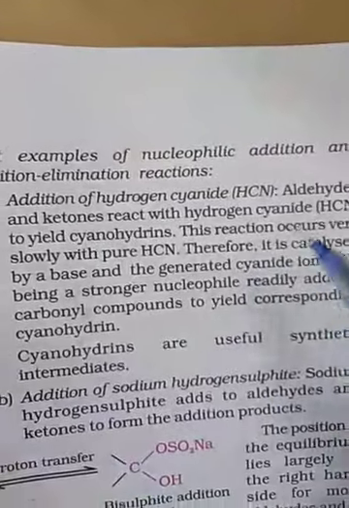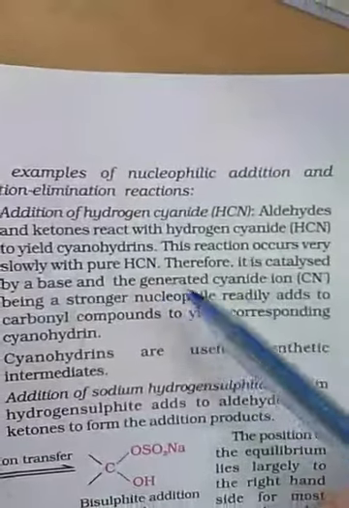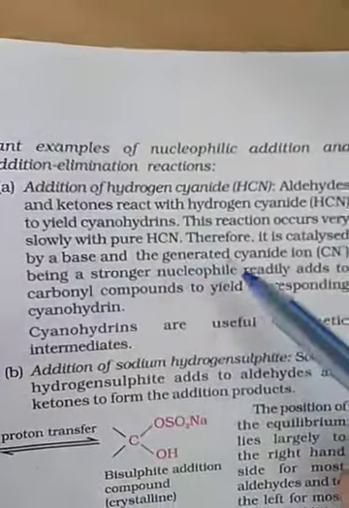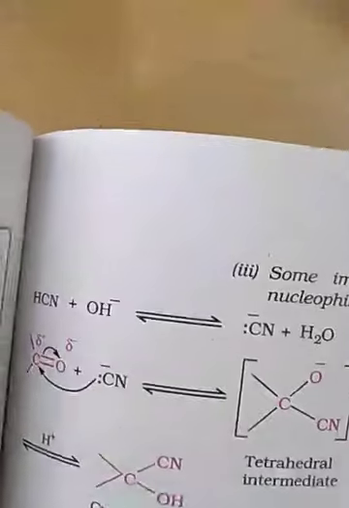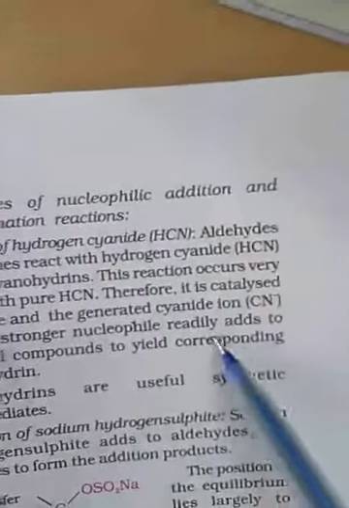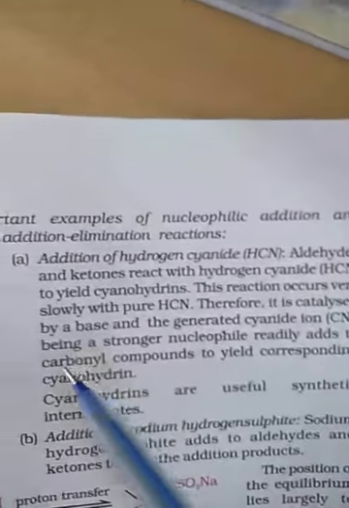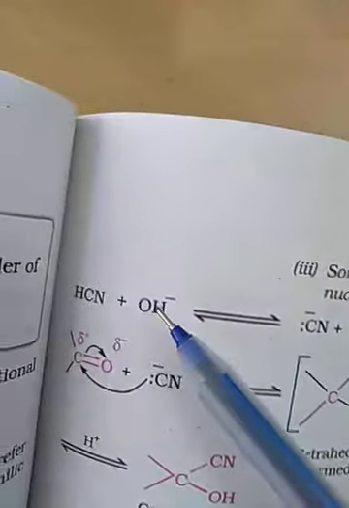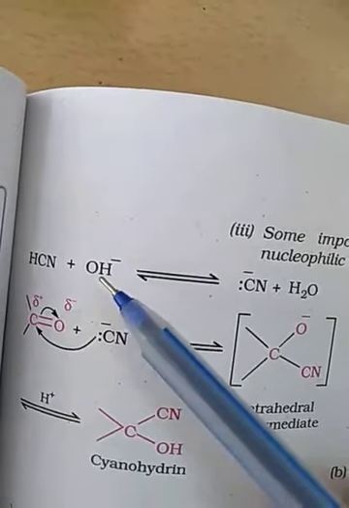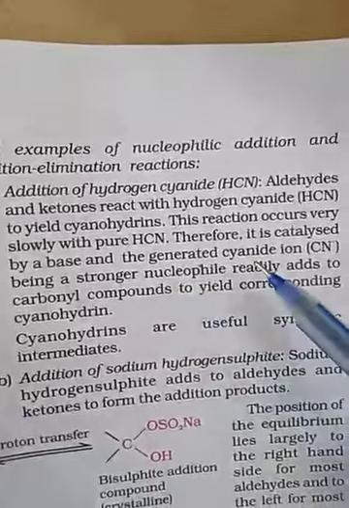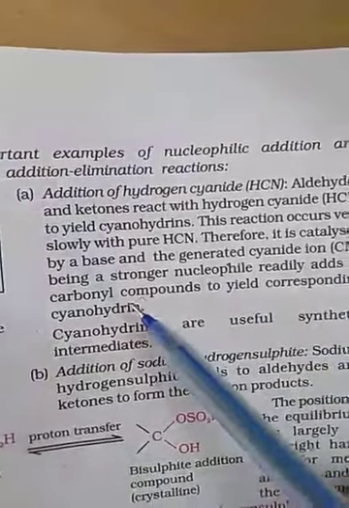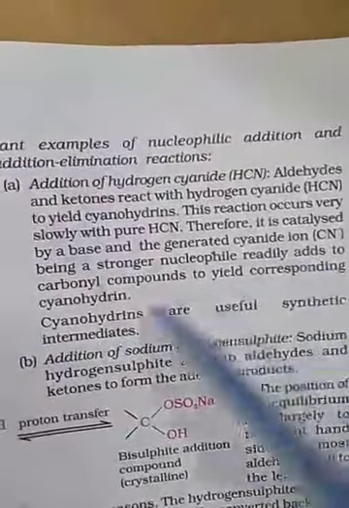So addition of hydrogen cyanide: aldehyde and ketones react with hydrogen cyanide to yield cyanohydrins. These reactions occur very slowly with pure HCN. Therefore it is catalyzed by a base. So I showed you NaOH, instead of NaOH any base. So the rate of reaction is going to increase by adding base and generated cyanide ion.